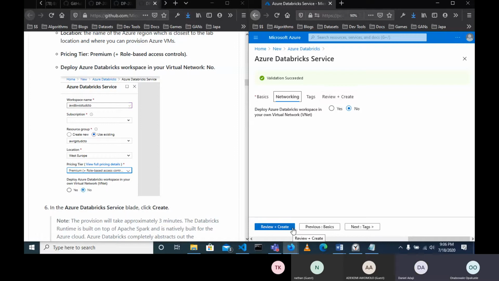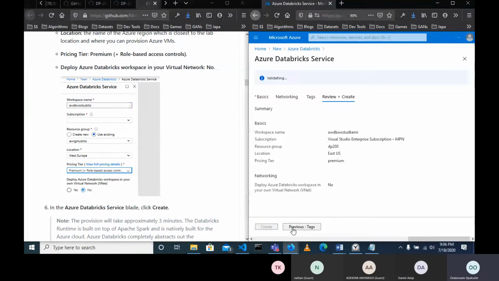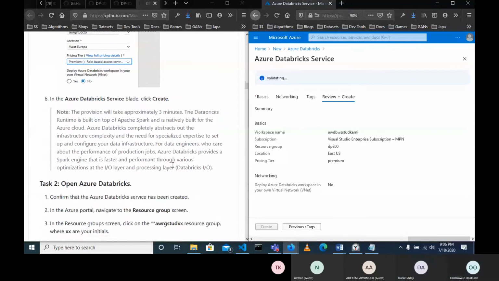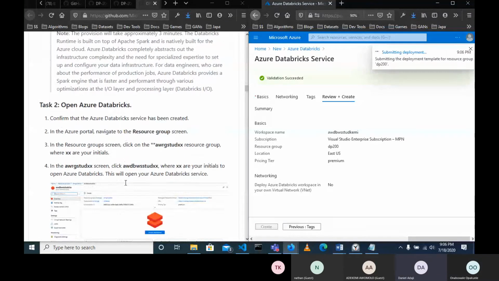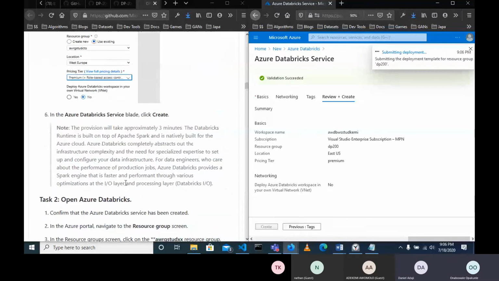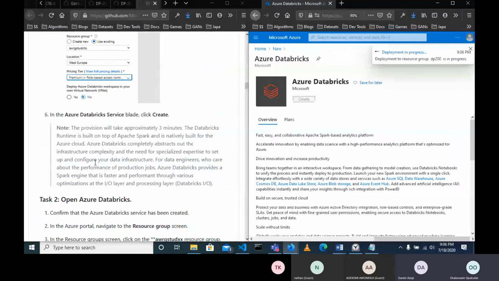So let's go to review and create. It was already validated before. All right, it's validated successfully. Let's create that in. So yeah, as I said, it usually takes.